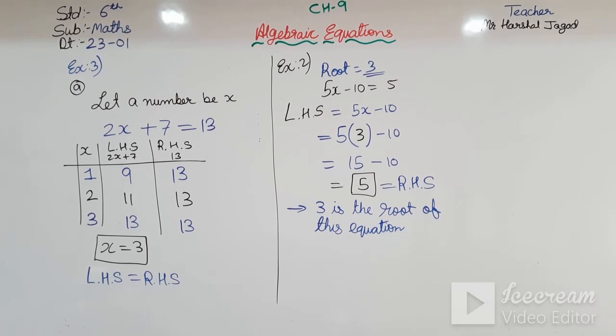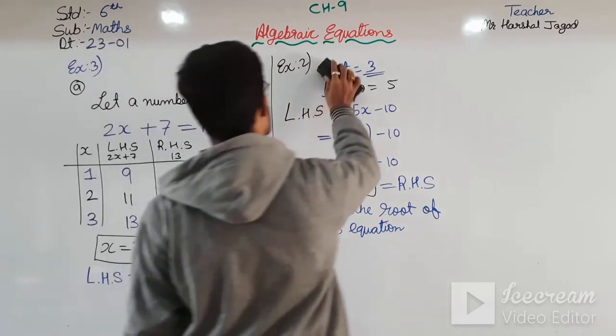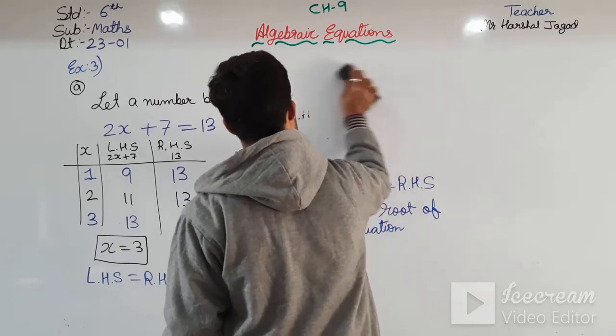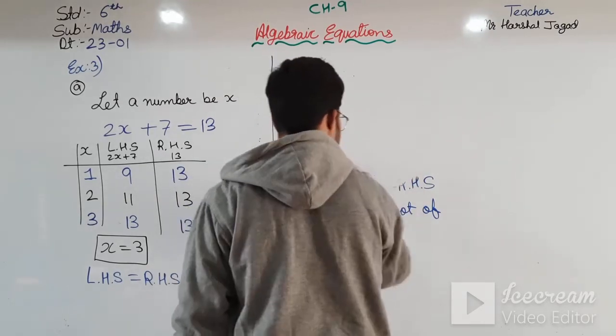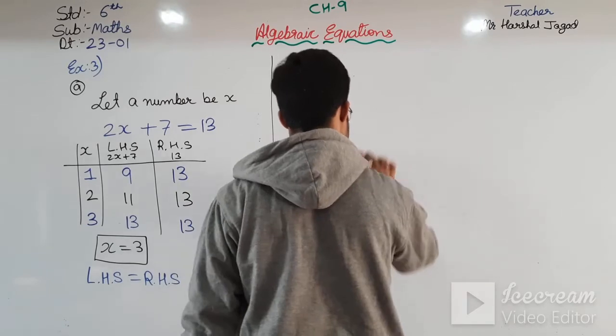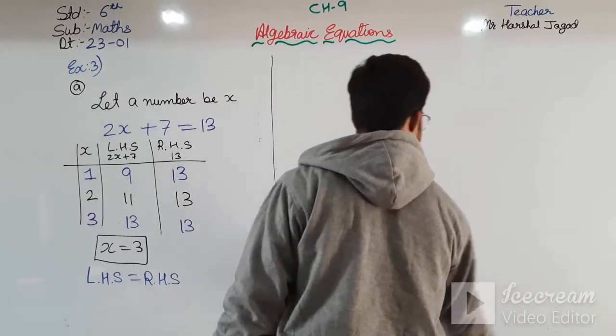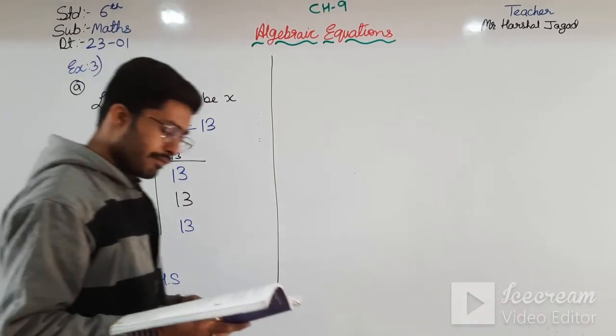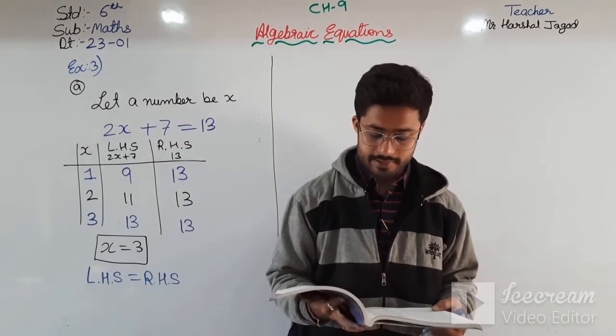And now we are remaining with example number 3B, so let us do that first. Example number 3B: 7 times a number decreased by 4 is 10.